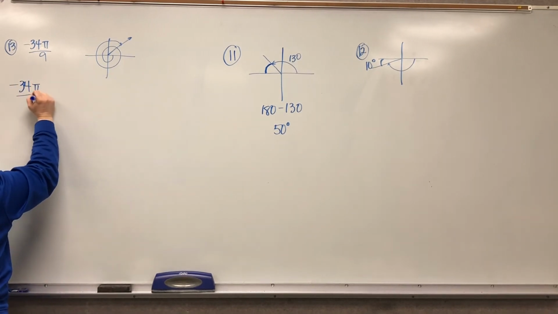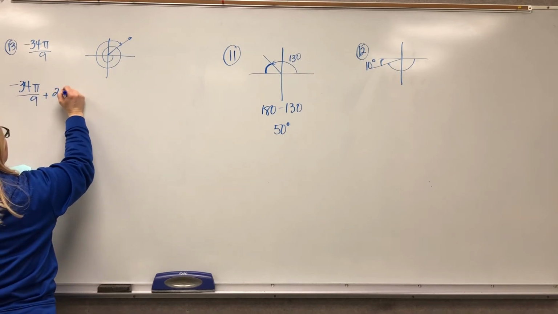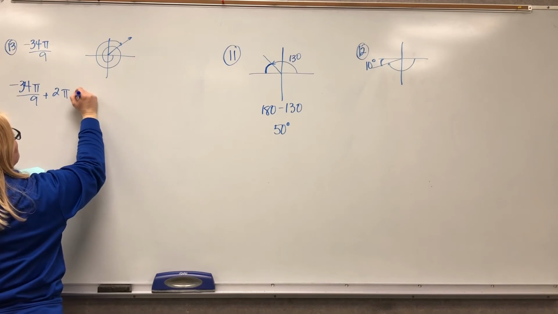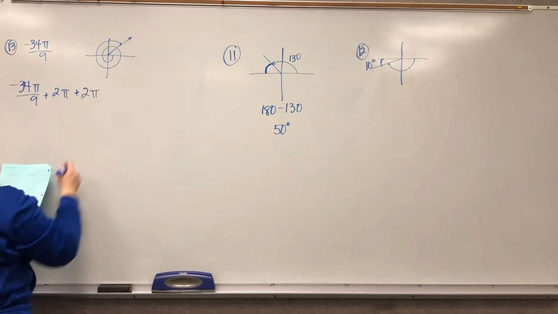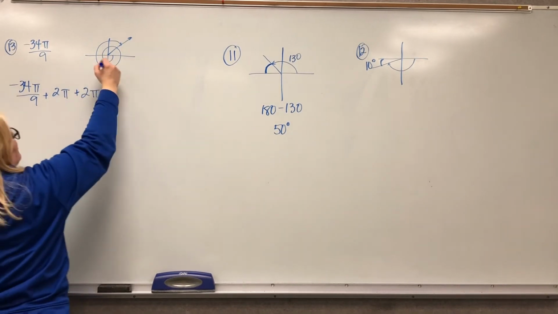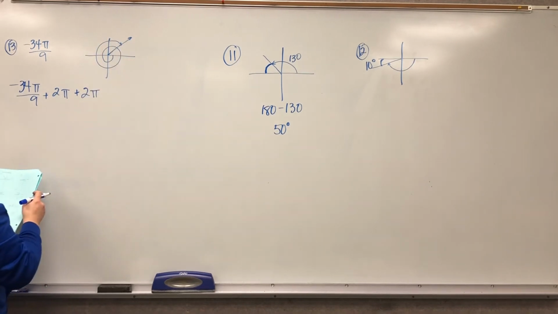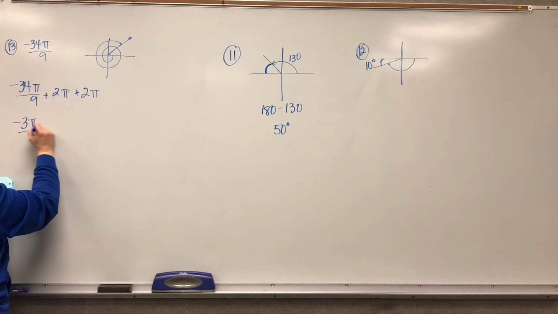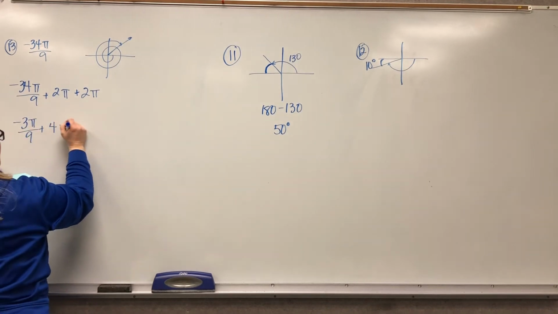So if I add 2 pi to this, it looks like I'm going to have to do 2 pi twice, so 4 pi, because of how many times it's going around. I end up with negative 34 pi over 9 plus 4 pi.